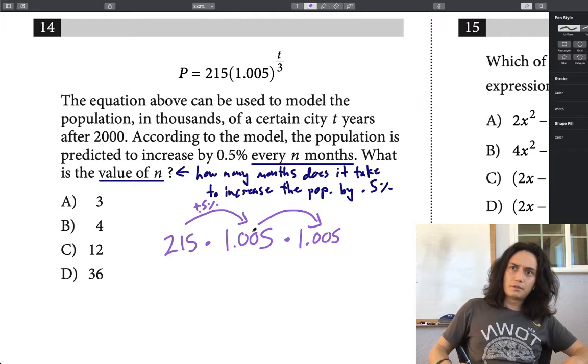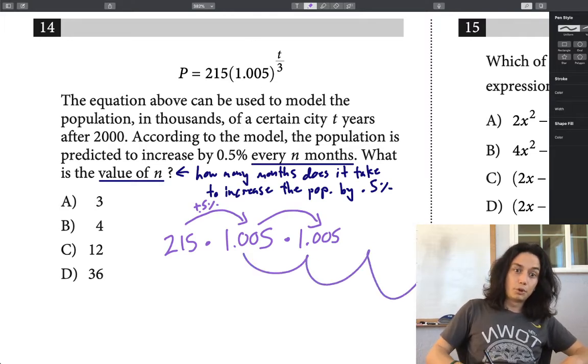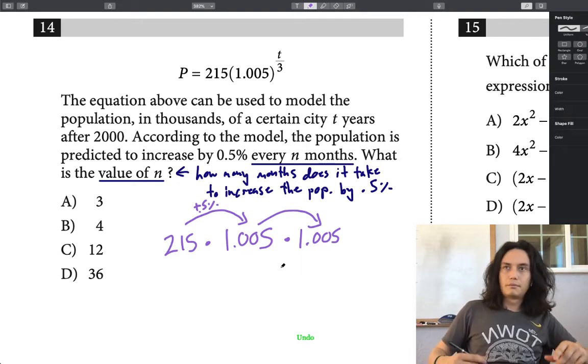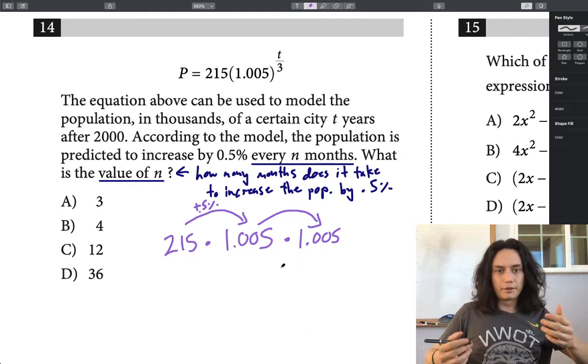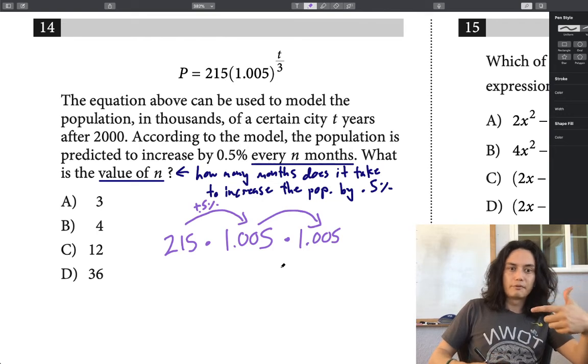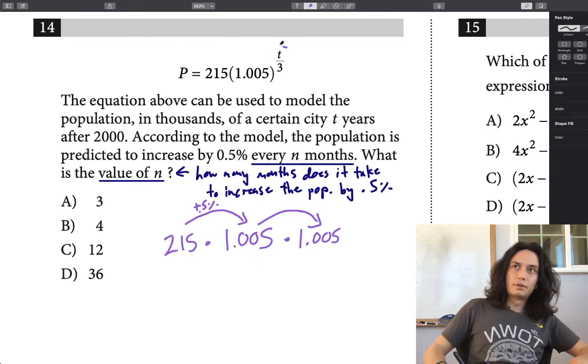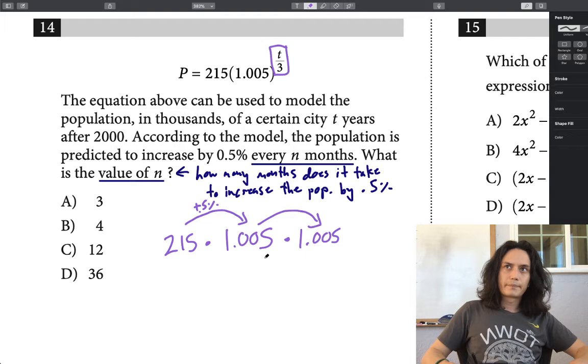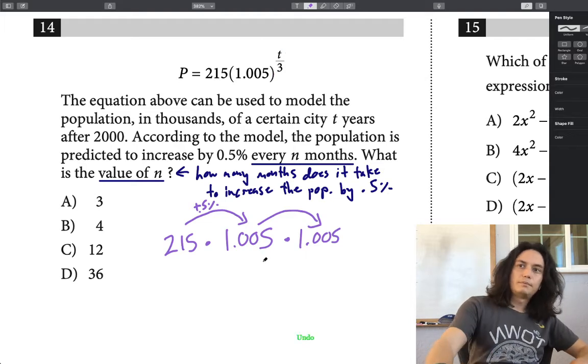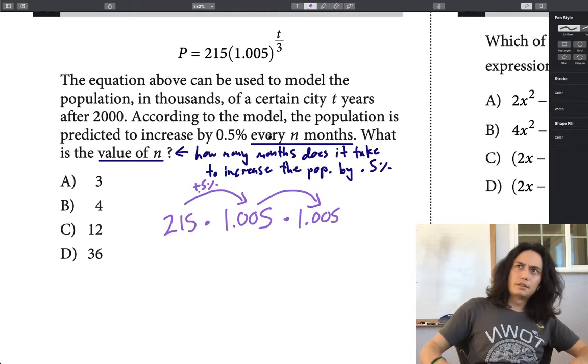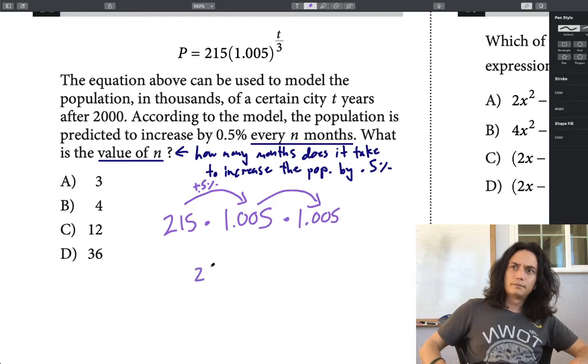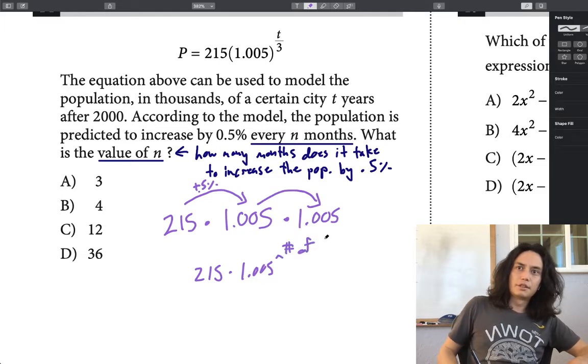And the part of this equation that represents how many times we're multiplying the number by 1.005, how many times we're doing this 0.5% increase, that's the exponent. That's this right here. So what's happening is we've got 215 times 1.005 to the number of 0.5% increases.